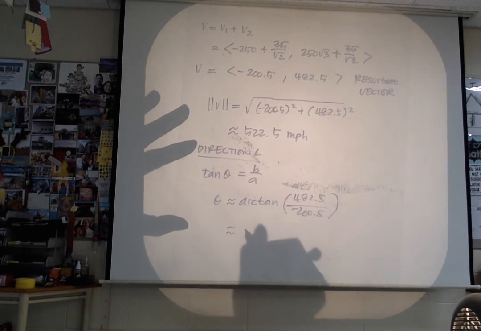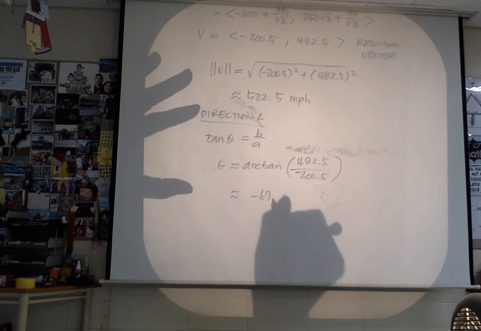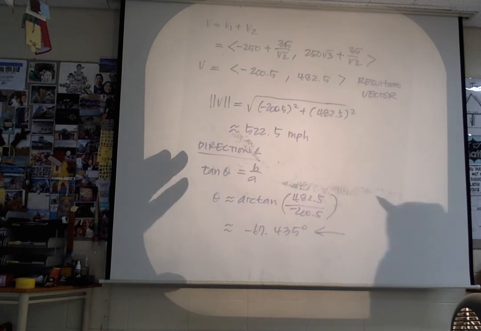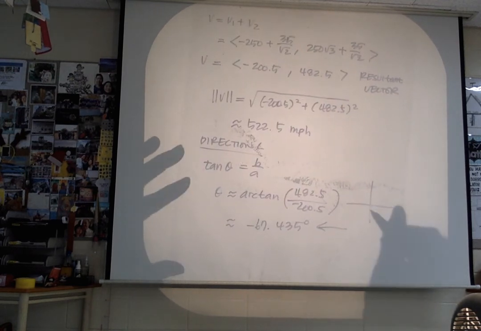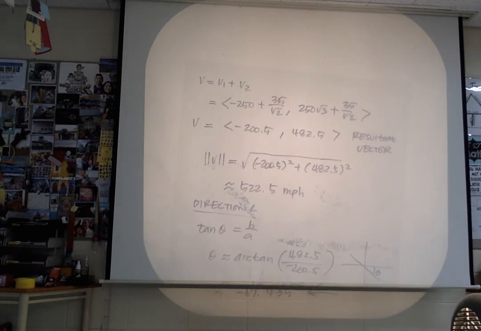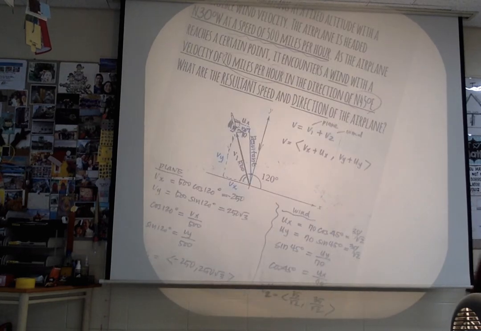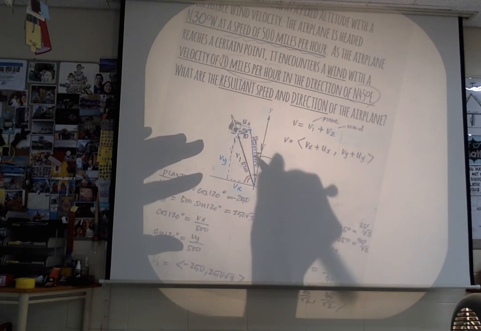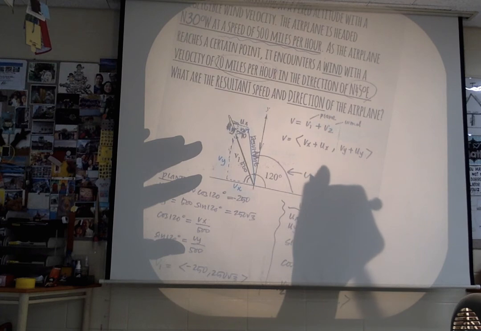I get about negative 67.435 degrees. It's negative, but you know you can't be negative, so you have to look at the coordinate here. It's negative this much, and this is the angle here. That means we have to go to the opposite side, so we have to add 180. We're looking for the direction angle, which is here. It touches the resultant. That's the direction angle we're looking for.